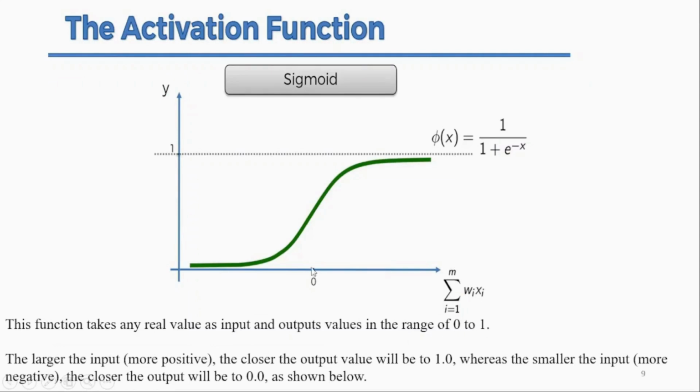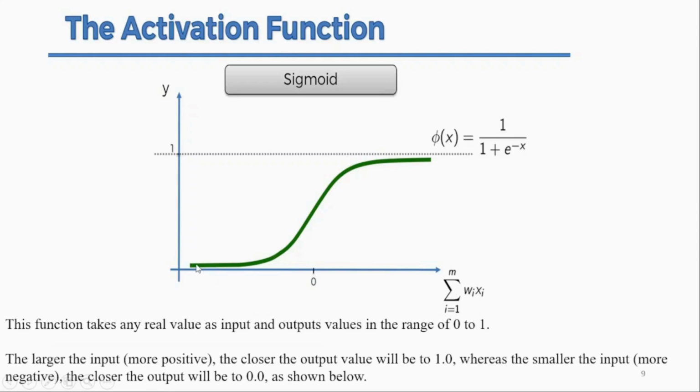So this is 0 and this is 1, and the output value is in the range between 0 and 1. Now, how does this curve change from the x-axis to the y-axis? Look at this. The larger the input, meaning more positive inputs, the closer the output value will be to 1.